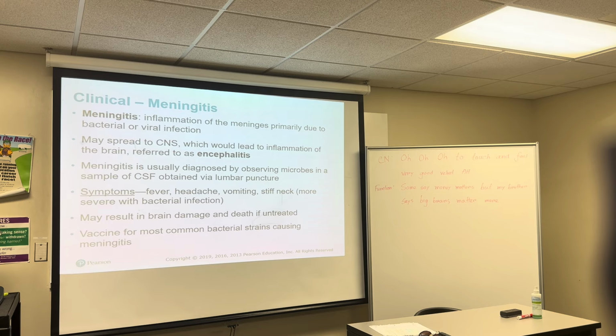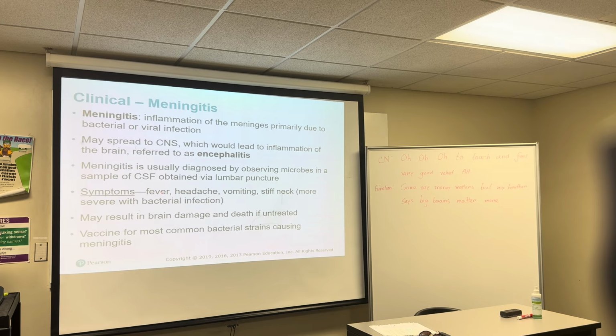So now, if there is any infection or inflammation in this meninges, we call it meningitis. Inflammation of the meninges, primarily due to bacterial or viral infection, may spread to the central nervous system, which would lead to inflammation of the brain, referred to as encephalitis. Okay.